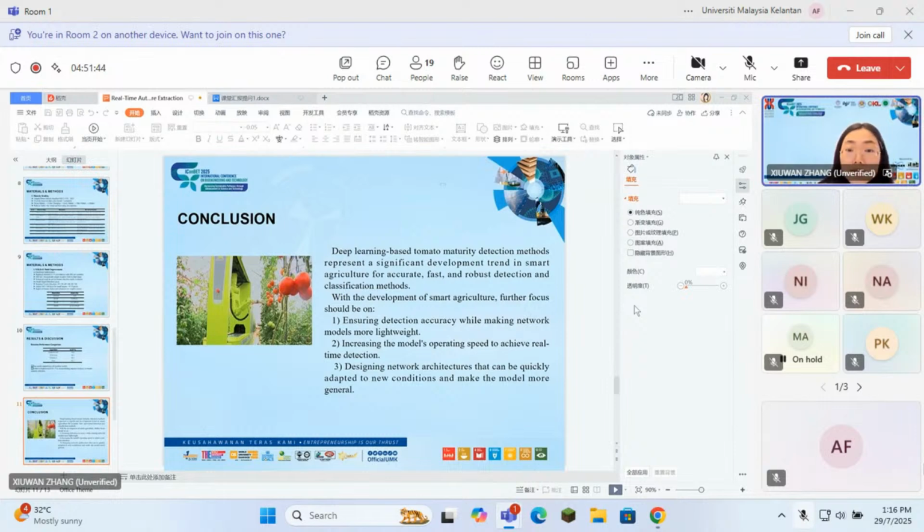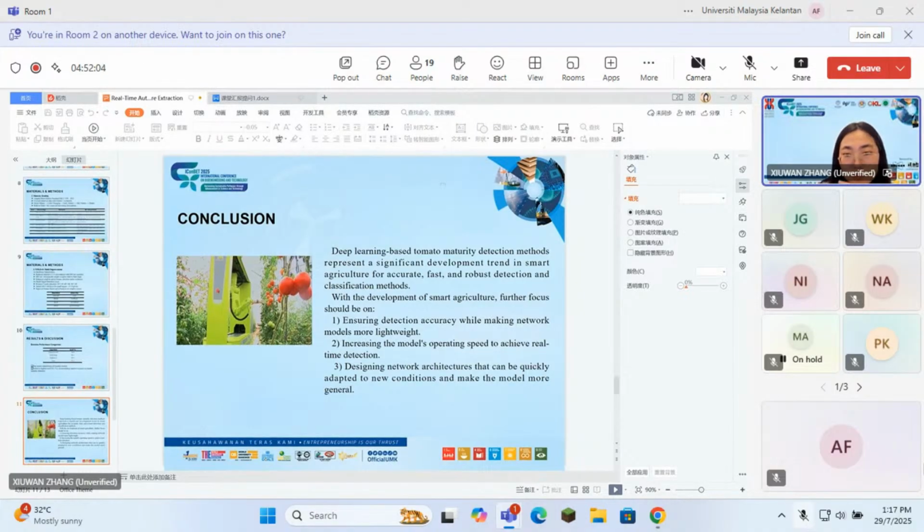So our conclusion is deep learning based tomato maturity detection methods represent a significant development trend in smart agriculture for accurate, faster, and robust detection and classification.